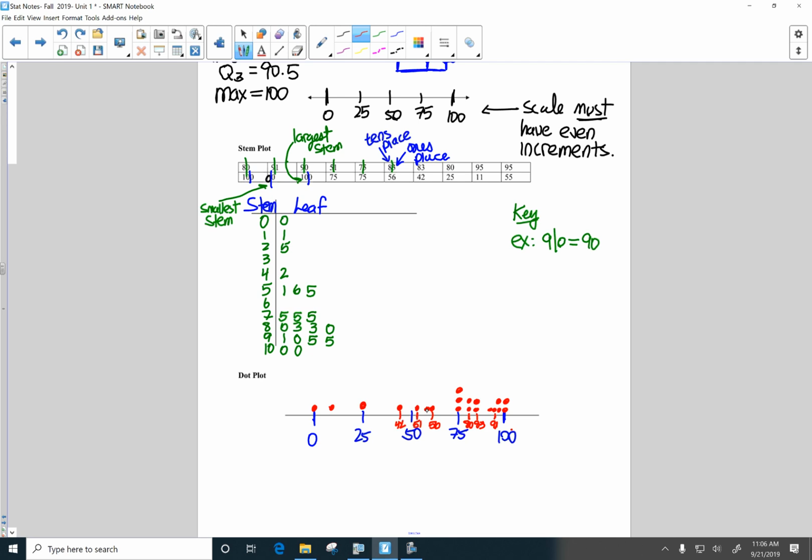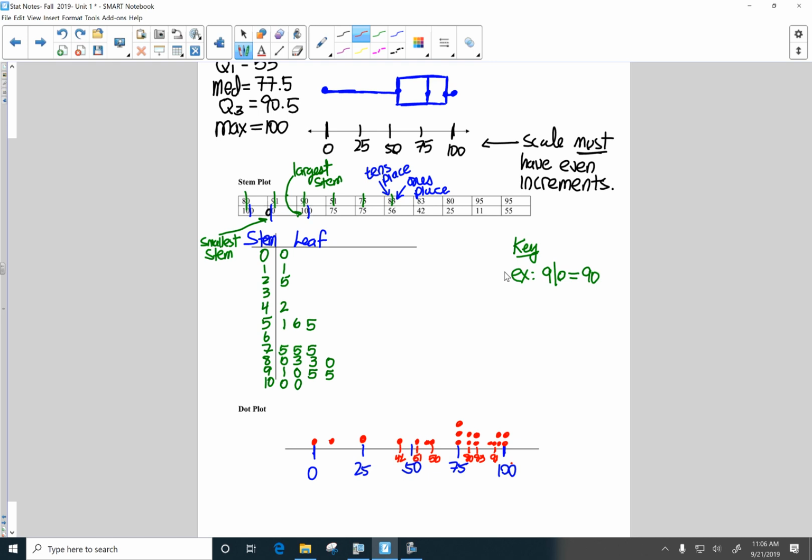So regardless of which graph you're looking at, I mean, you can look at the histogram, you'll get the same idea. But if you just want to look at this page, you have the box plot. You see that tail pushing off to the left-hand side. You look at the stem and leaf display, sideways. That tail off to the left-hand side. You look at the dot plot, tail off to the left-hand side.